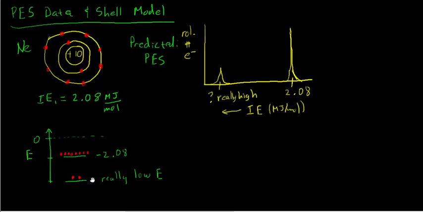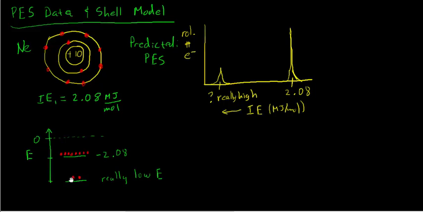So we would predict that if we do a photoelectron spectrum, we're going to get a peak at 2.08 megajoules per mole, corresponding to removing these electrons. And since there are 8 electrons in this level, we expect the peak to generate more intensity, roughly 8 units high, or 8 times higher than we might get if there were just a single electron here.